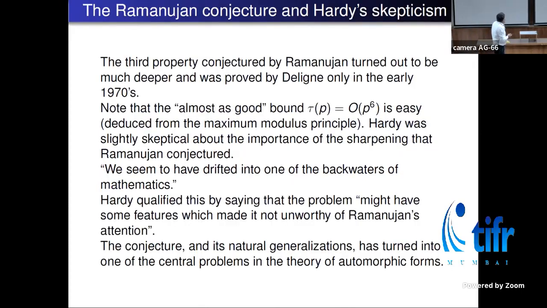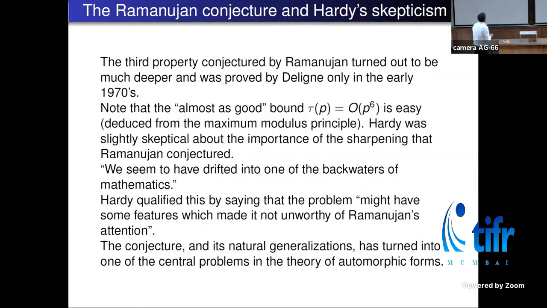Okay, so now the third property actually turned out to take some proving, and it was not proven for maybe 6 decades after he first conjectured it. If you just try to get the bound to be p to the 6 rather than p to the 5.5, then it's rather easy to prove. You can prove it as a consequence of the maximum modulus principle. And so, one would wonder what is the importance of this conjecture.